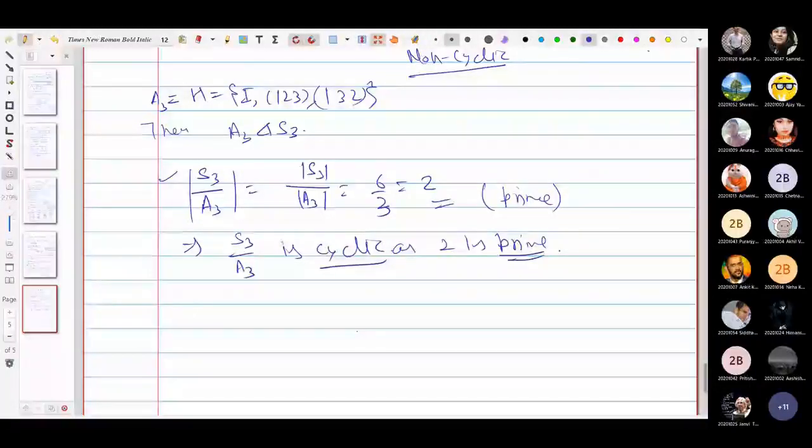You know that at that place we came to know that the statement was that if H is normal in G, then G by H is cyclic when G is cyclic.